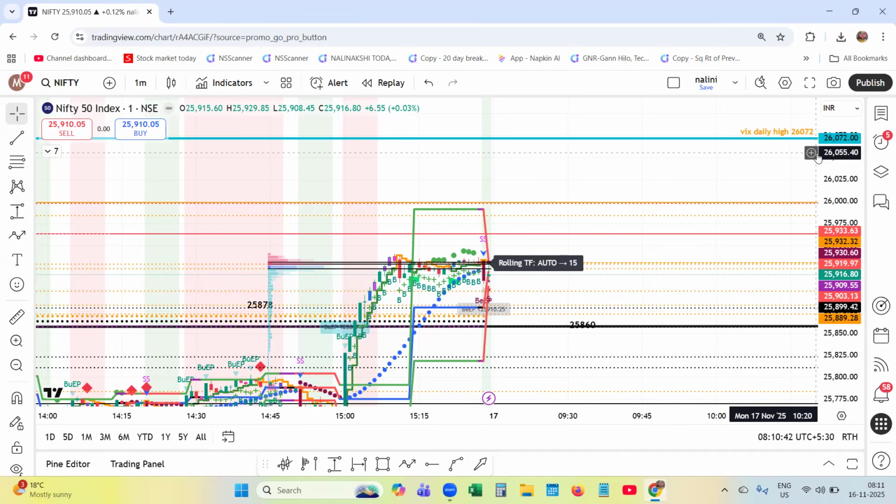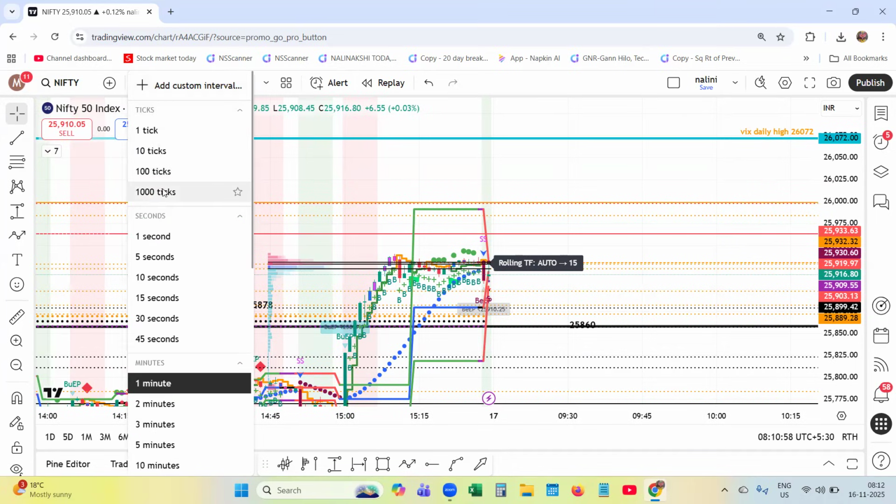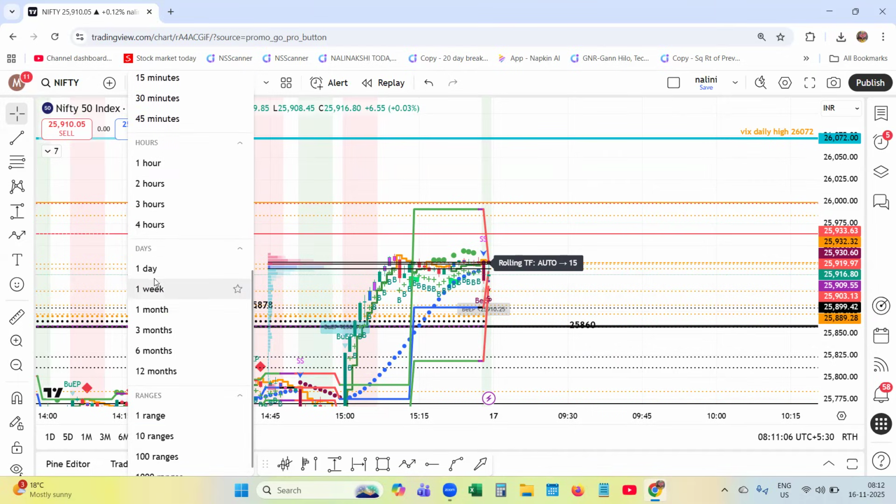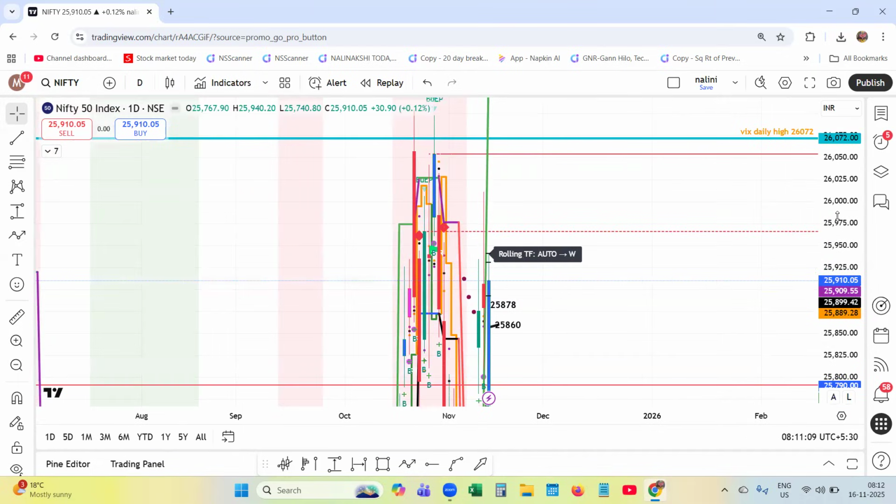During the day, if the market confidently crosses all these levels, it can touch 26,072. The market may touch the new level. Let me go to the daily chart.